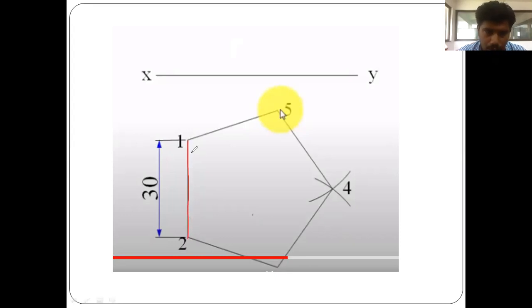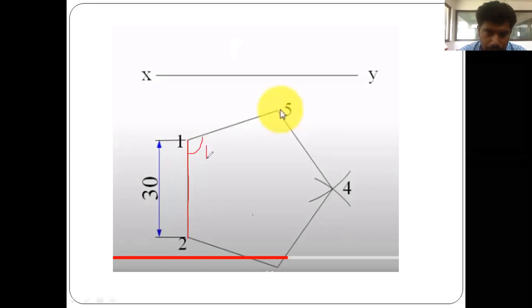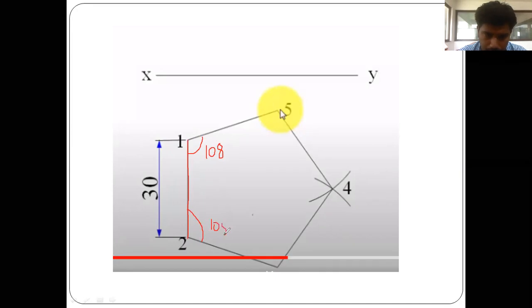Draw the next line at 108 degrees, on both sides. Take a 30 mm size, mark it over here and draw these lines.